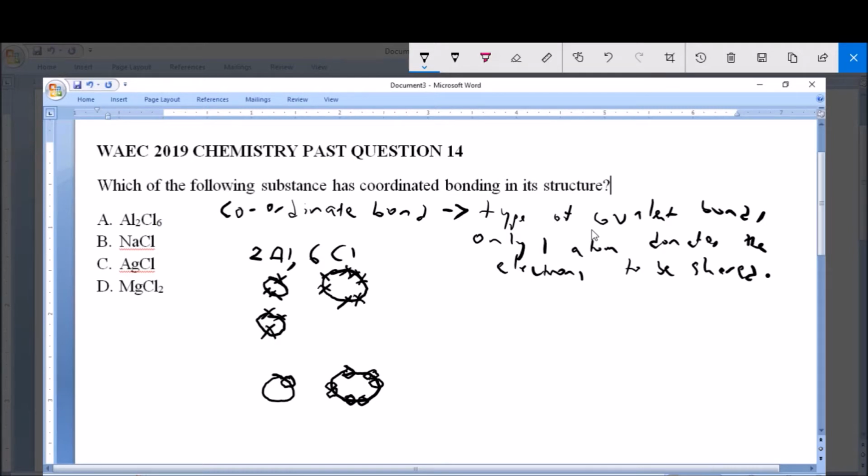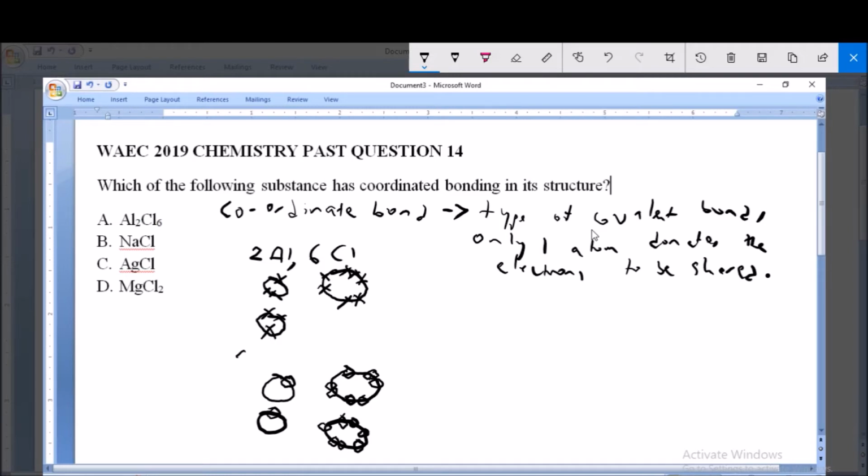Now silver also has 1 electron on its outermost shell in silver chloride. So silver has just 1 electron on its outermost shell, and it combines with a chlorine atom with 7 electrons on its outermost shell. Magnesium chloride.